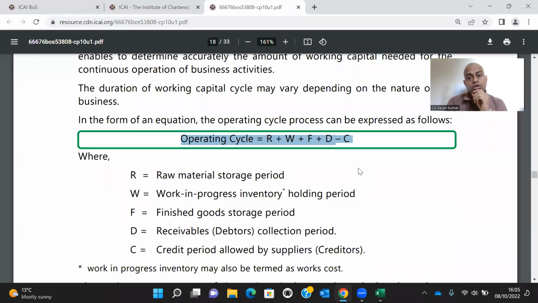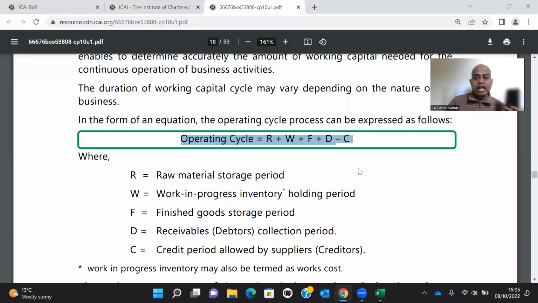So what is F here in the equation? Finished good holding period or finished good storage period, which means the moment the finished good is manufactured in your factory and sent to the godown, how long it takes to sell the product. It is the time period between completion of production and the sale of the good.